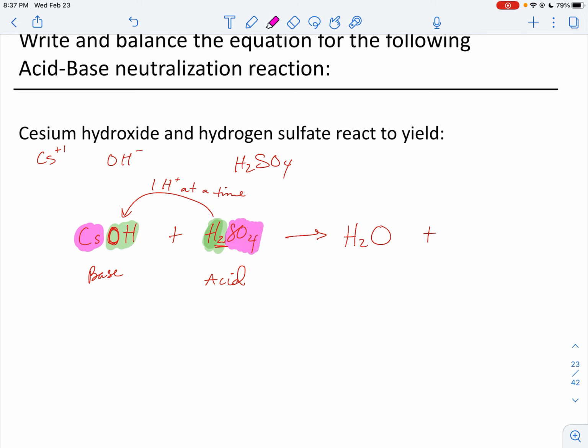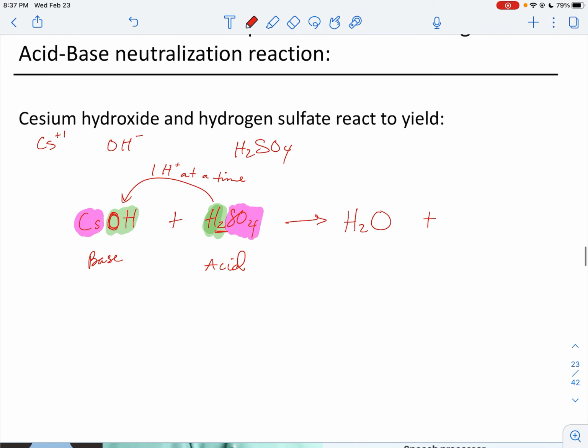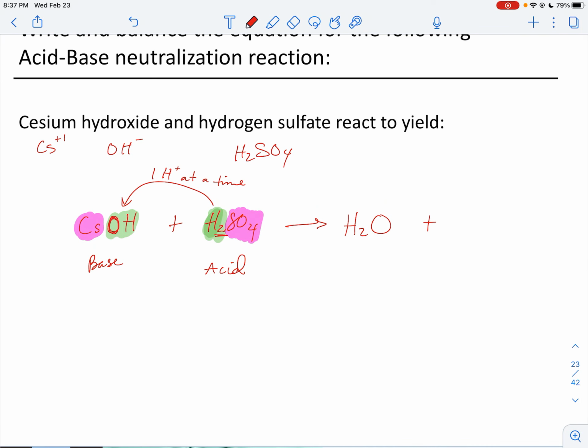Now, you might recognize, I want to make a point here, what kind of reaction is this besides acid-base neutralization? It might help you if you recognize, is this a combination reaction? Is it decomposition? Is it single displacement, double displacement, or combustion? If you could recognize it's actually also one of those 5 that we have talked about in a previous lecture, that might help you predict the products here.